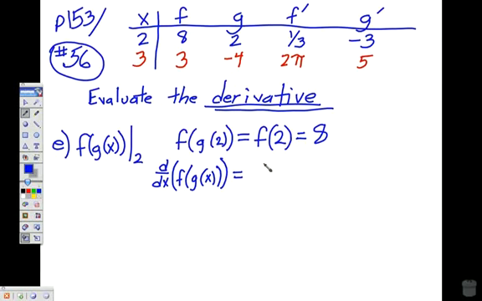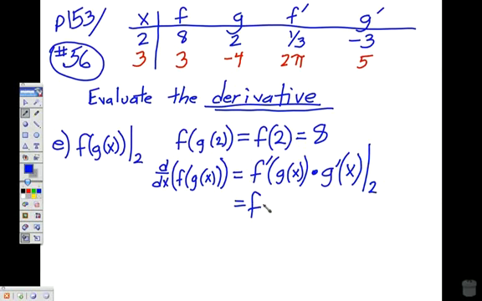And your pros at this part, it's f prime of g of x times g prime of x. And we're supposed to be evaluating that when x equals 2. So f prime of g of x, that's f prime of g of 2 times g prime of 2.